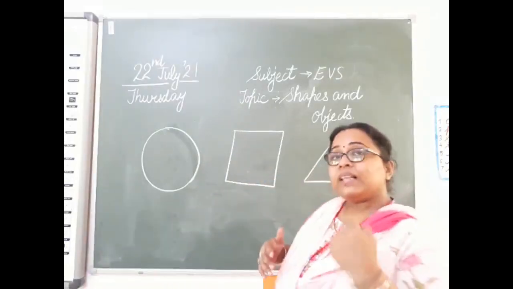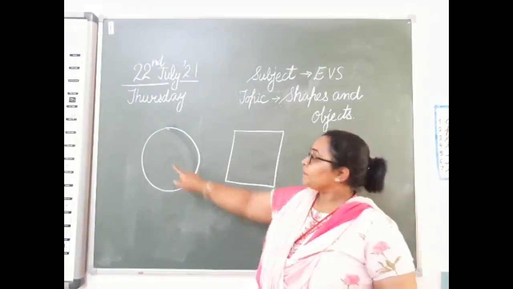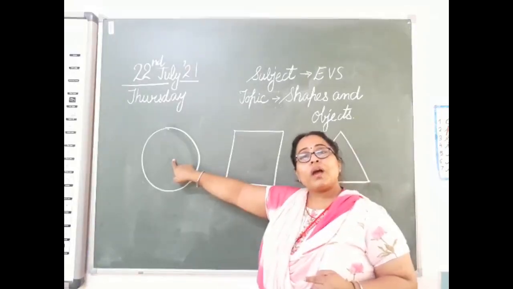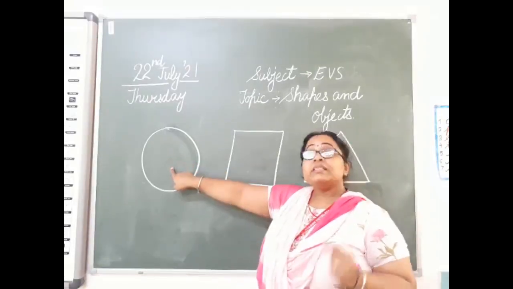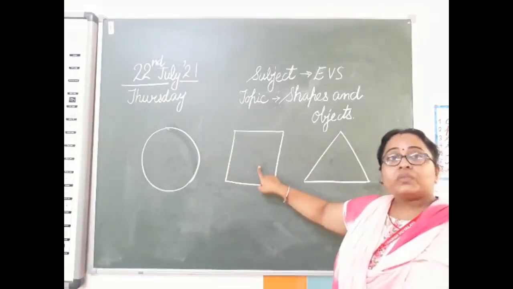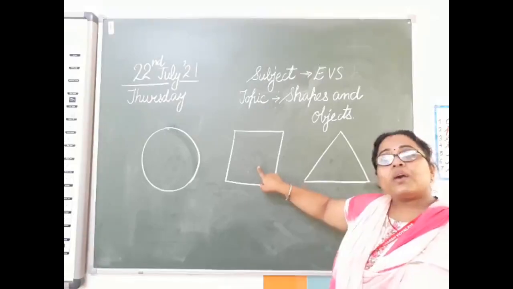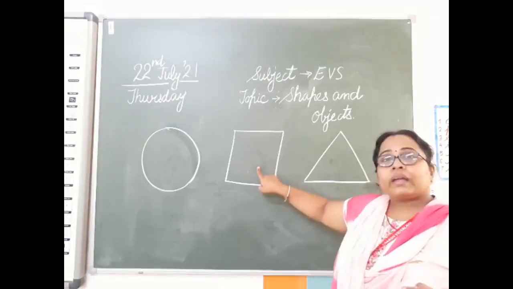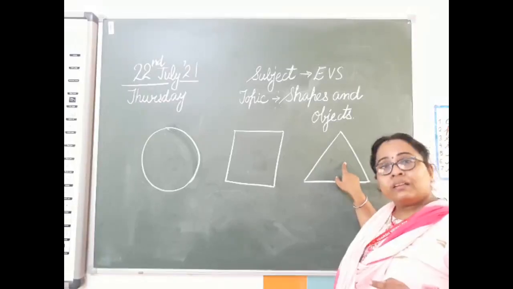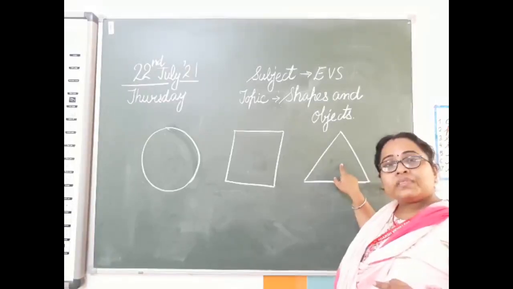But once let's say their name together. Circle. All of you just say with me once. What is it? Circle. What's this? Square. Say once again. Square. What is this? Triangle. Which shape is this?